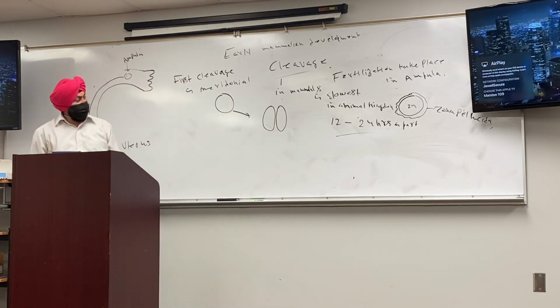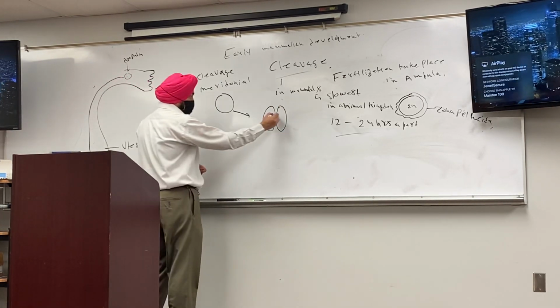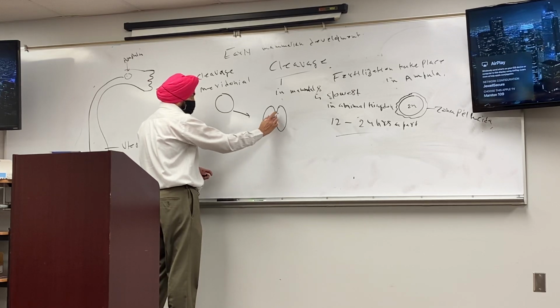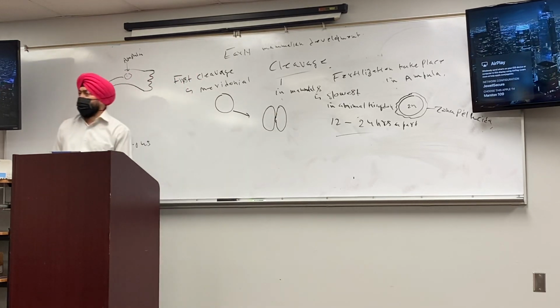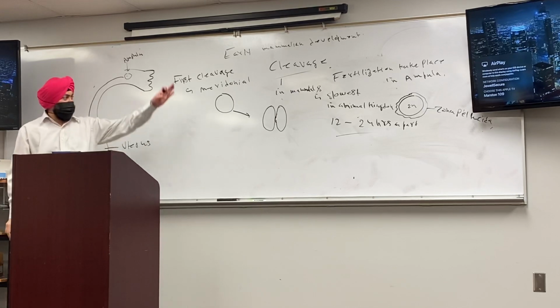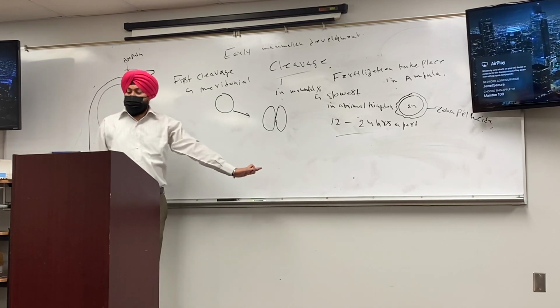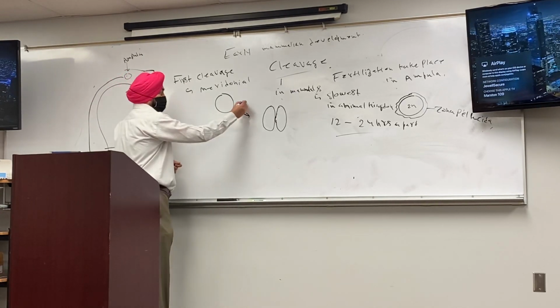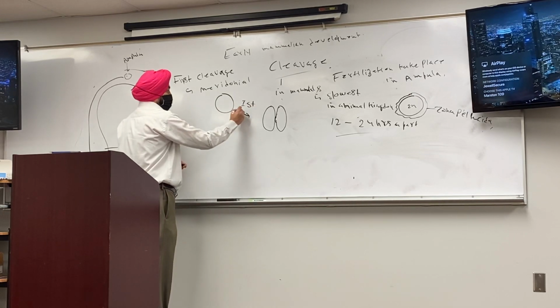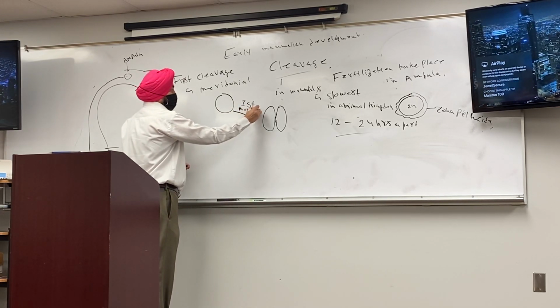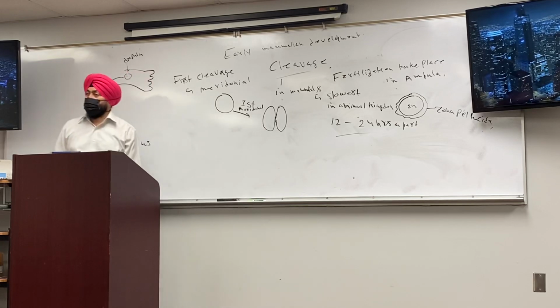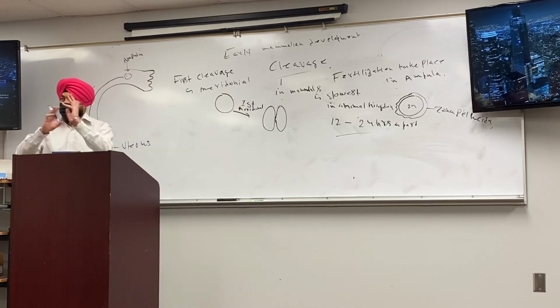They are attached, but loosely attached. They are not really compactly attached. They're like this. Okay, that's the first cleavage, meridional. So this is the first meridional cleavage. Now the second cleavage is interesting.